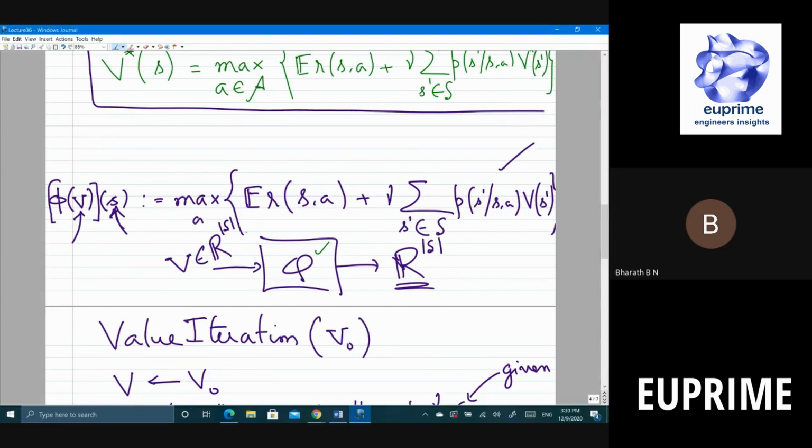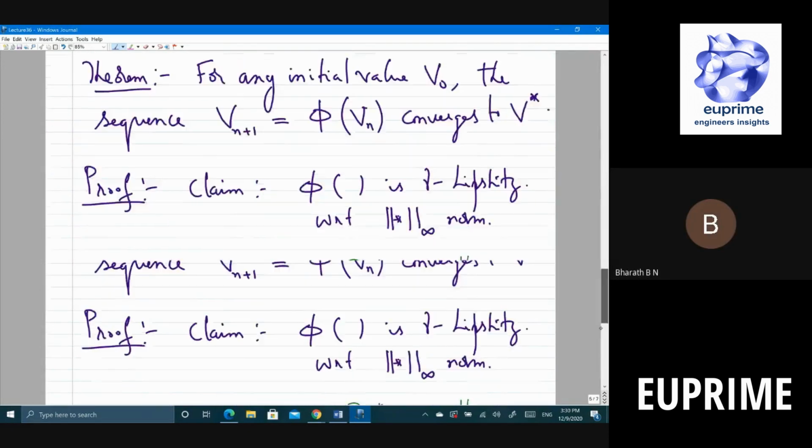If you stack all the v of s, that's a vector. Phi operates on that vector and you get another vector. Okay.